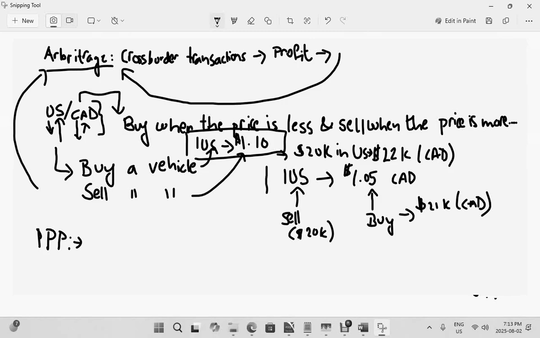Now, purchasing power parity has to do with market rate. You have your regular exchange rate, and the other one is your market exchange rate.